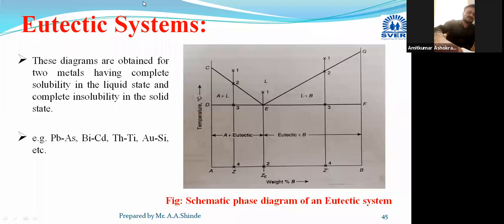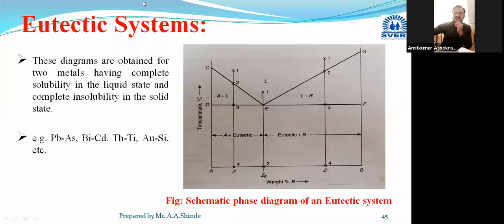Is anyone present from these roll numbers? Roll number 23 and roll number 31. Roll number 23 and 31. Any doubt?